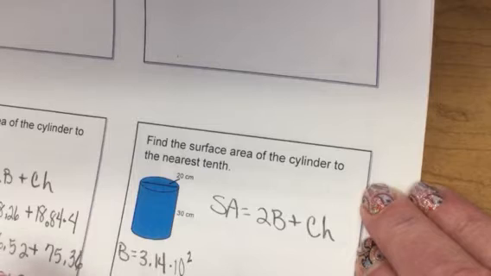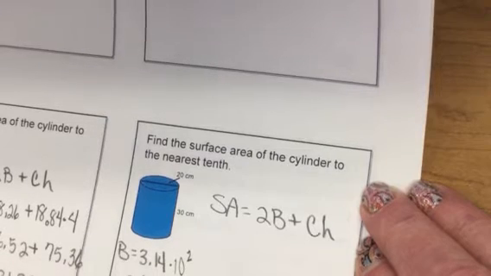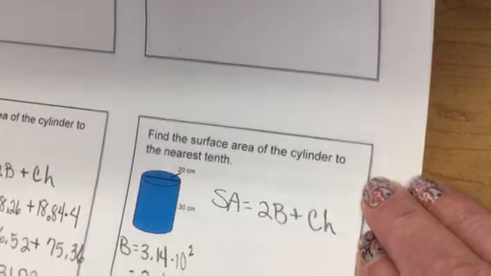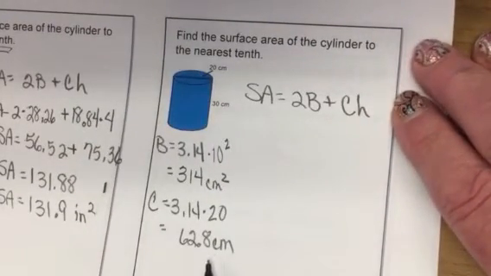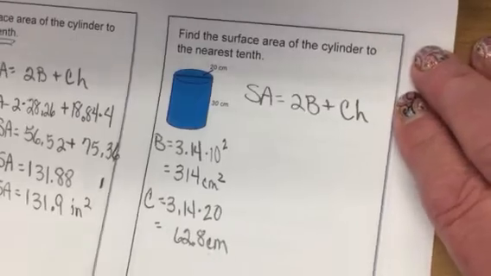Circumference, 3.14 times diameter of 20, which makes it 62.8 centimeters. Now you could have the 0 on there too, but if you punched it in your calculator, that 0 is not going to show. If you do it longhand, there'll be a 0.